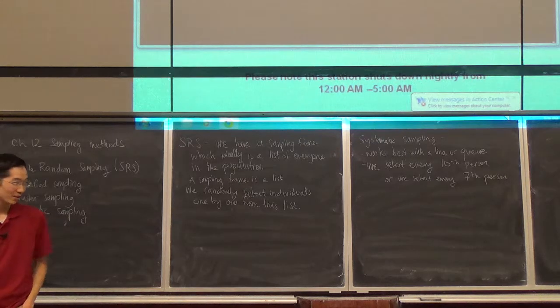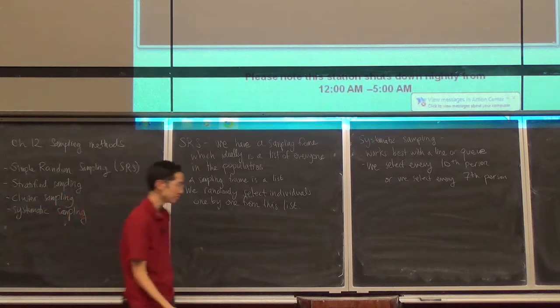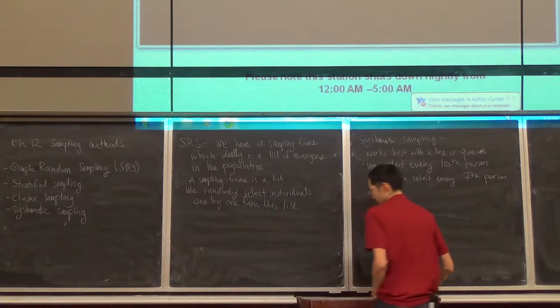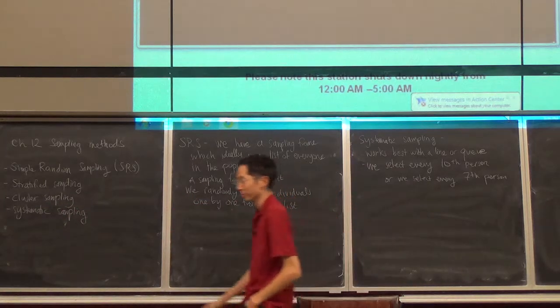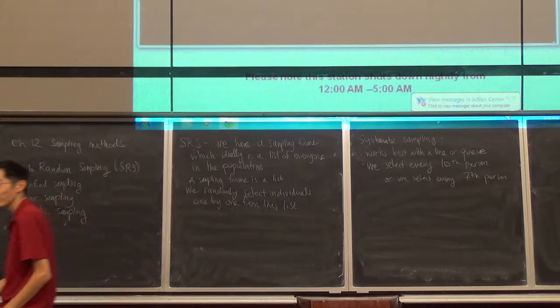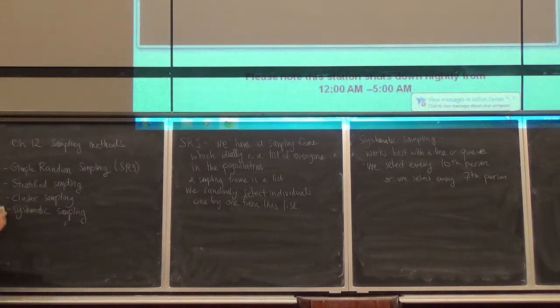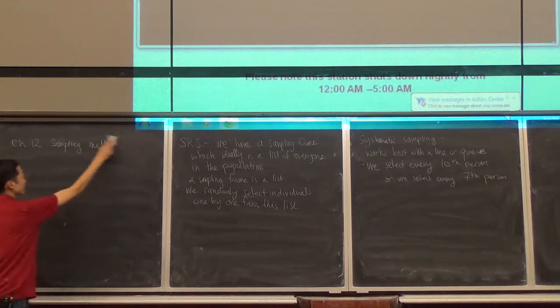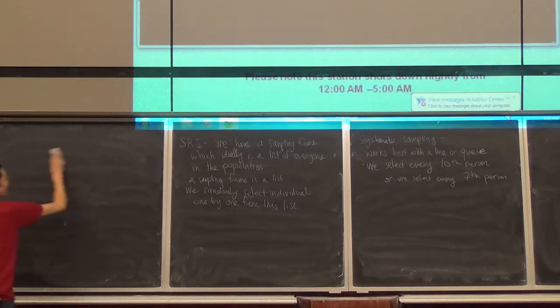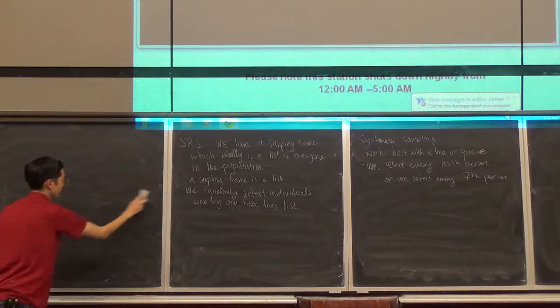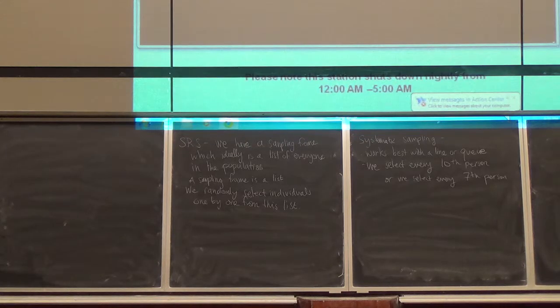Your call will be answered in the order that it was received. You have been placed in a queue. And they might do experiments. They might play different music and decide if certain music causes you to hang up faster. Who knows? Okay, let's talk about the other two, stratified sampling and cluster sampling.